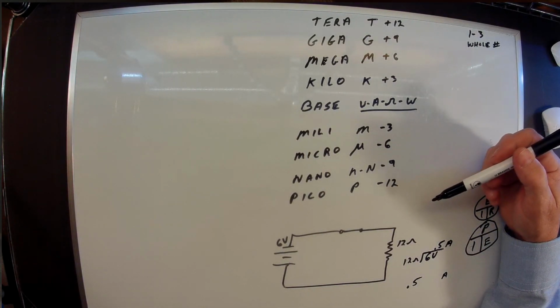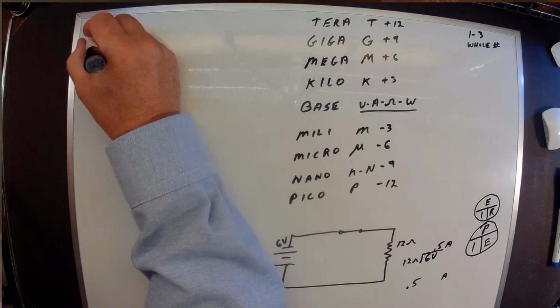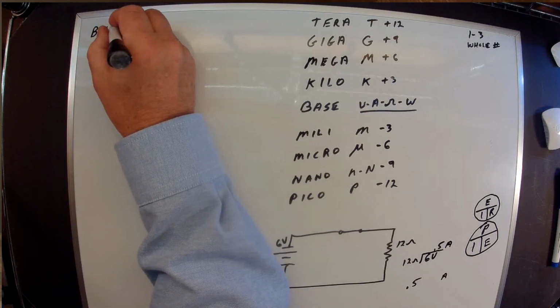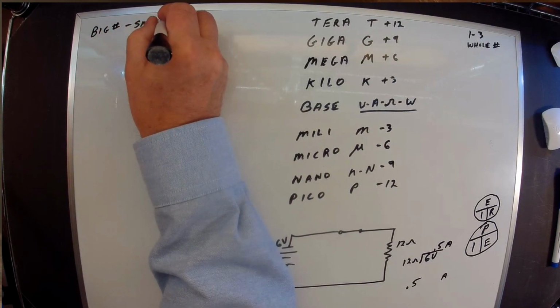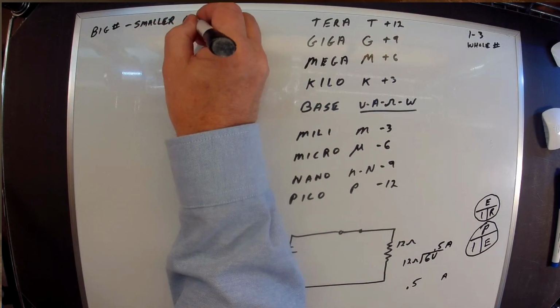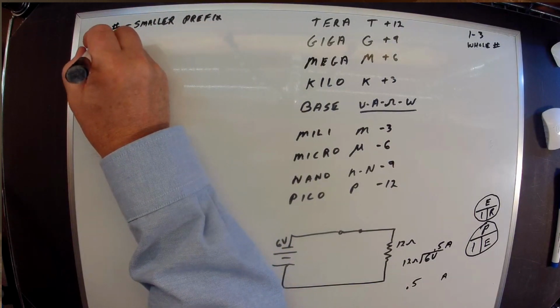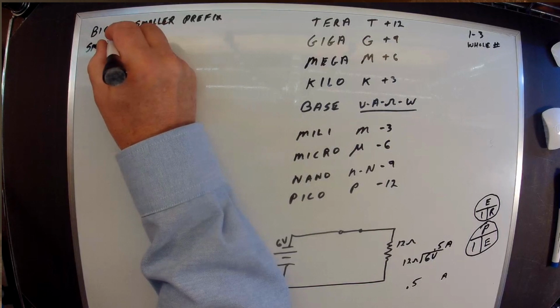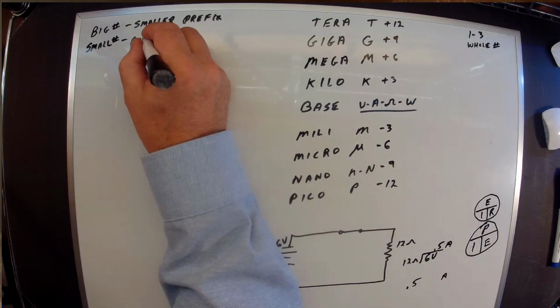A bigger number, I go to smaller prefix. And that's kind of the rule to remember. Bigger number, smaller prefix. Smaller number, bigger prefix.